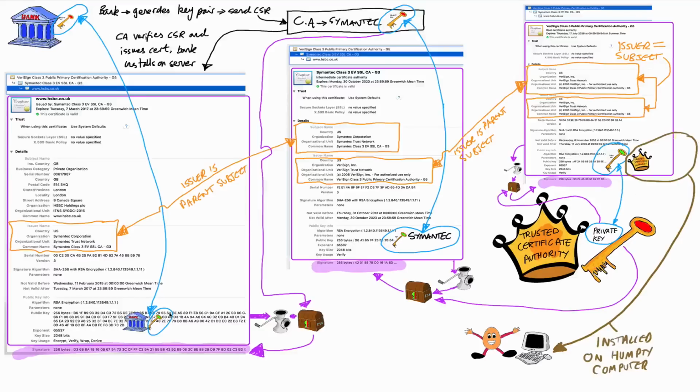But we need to go into a bit more detail now about how Humpty was able to ascertain that this Symantec certificate authority could be trusted. Okay?